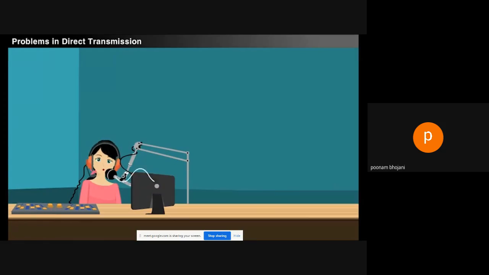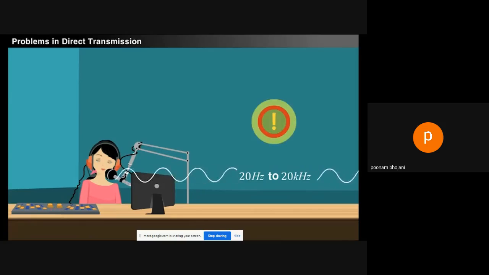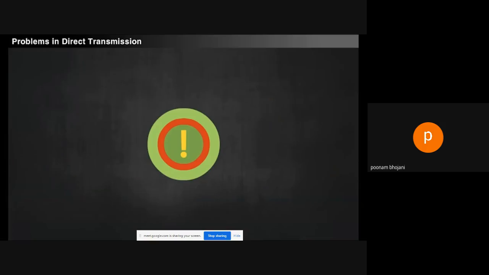The frequency of human voice signal ranges from 20 Hz to 20 kHz. These are low frequency signals. It is impossible to transmit these low frequency signals directly due to certain drawbacks. Let us see what the problems involved in transmitting the low frequency signals directly are.